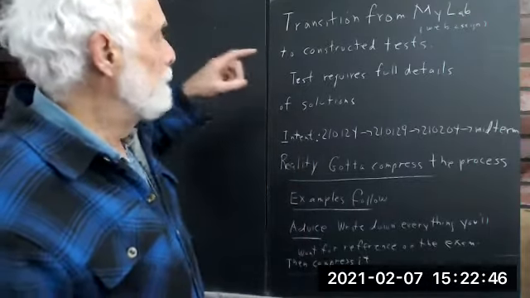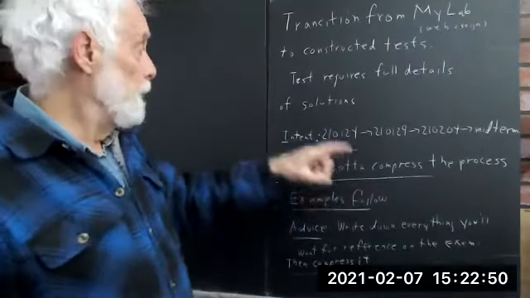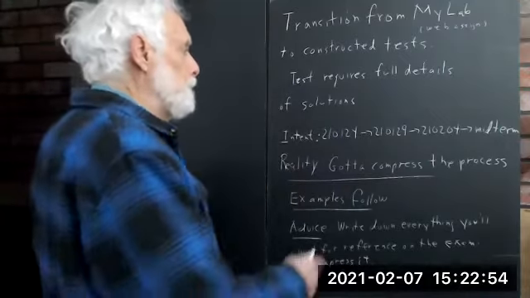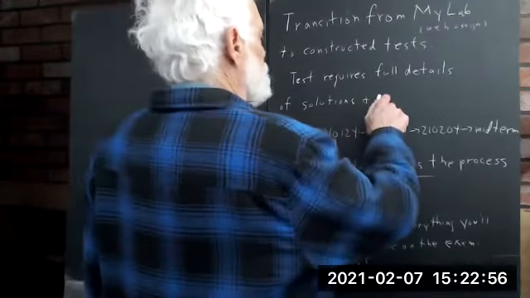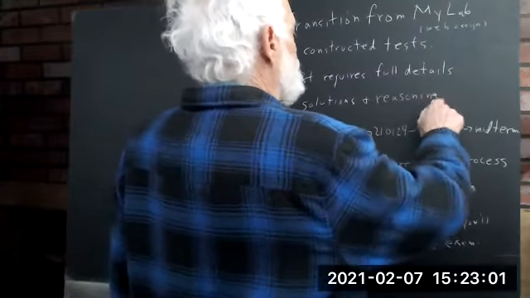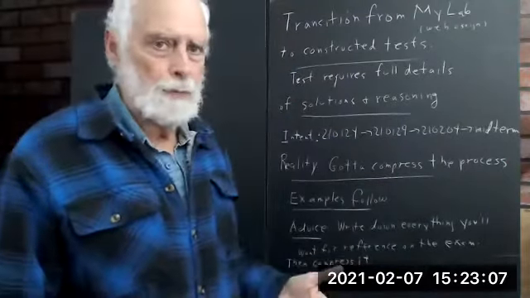Okay, so on the tests, you are required to give full details of your analysis, all your steps, your solutions, and your reasoning. I have to be able to see how you're thinking through these problems, and I require you to show me how you're thinking through these problems.